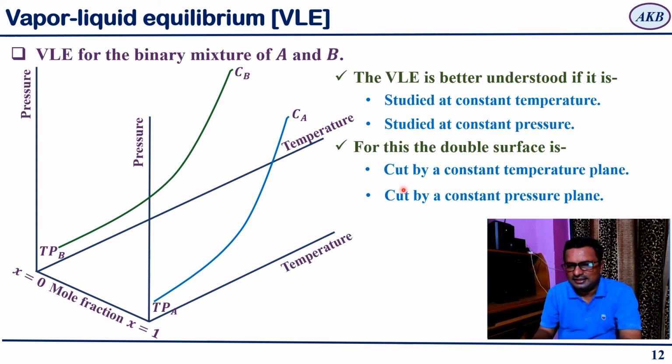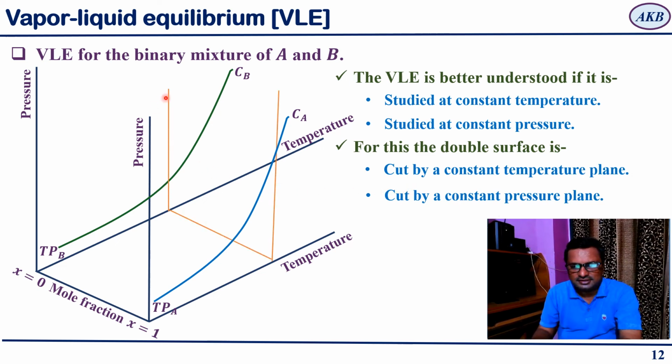So we'll understand it now. This red plane shown with red edges is parallel to the pressure axis, and therefore it is a constant temperature plane. So I have used the constant temperature plane to cut the double surface that is lying between the two planes.